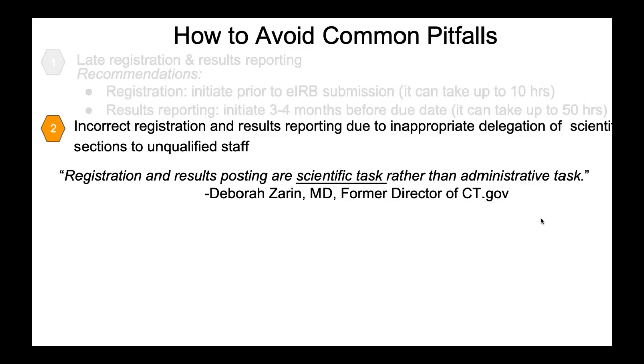At the time of results reporting, ct.gov requires summary aggregated data to be reported in a very specific way, depending on the clinical trial design and the assignment of the intervention.